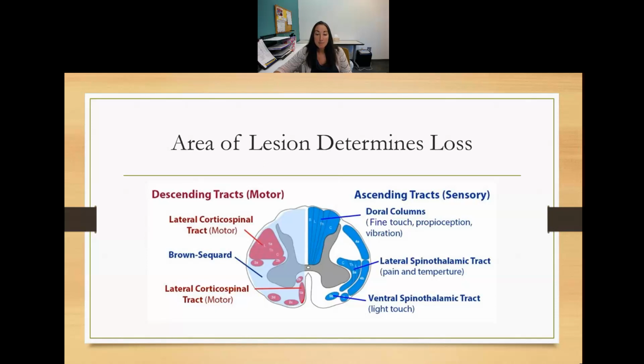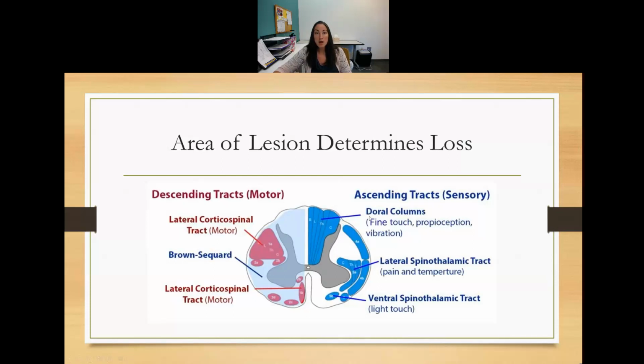Now, why this matters as far as where they're located, we're about to go through which portion of the spinal cord is injured and what types of effects that would cause. So knowing somewhat where things are in the spinal cord can help you understand why it affects that.